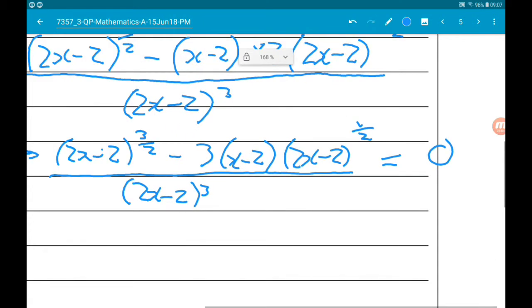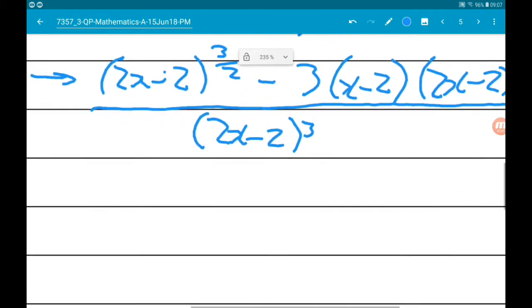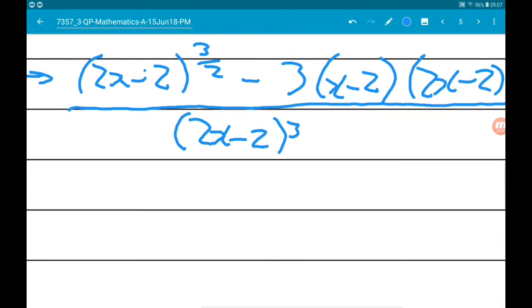So we can get rid of the denominator, and we're going to be able to get rid of some other stuff too.